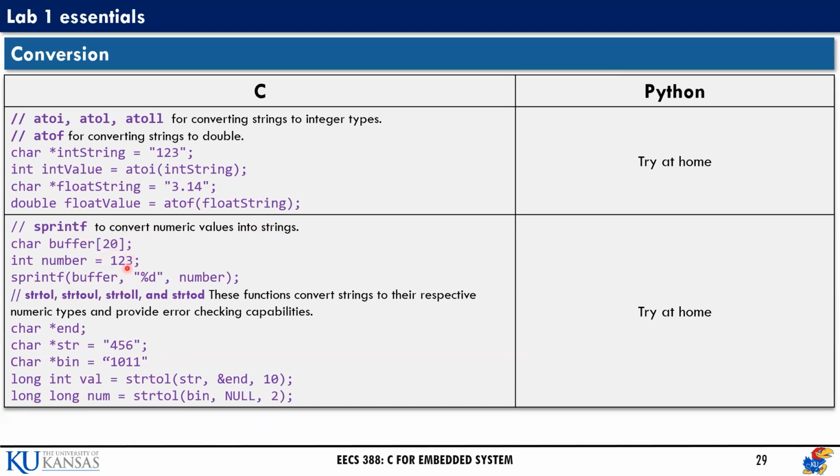For example, if we have the number 123 and we want to convert it into a string, we can use sprintf, and this is the way you can use it. We also have strtol, strtoul, and other functions that convert strings to their respective numeric types. So please practice these things during your lab to understand how you convert types, for example from string to integer or integer to string.